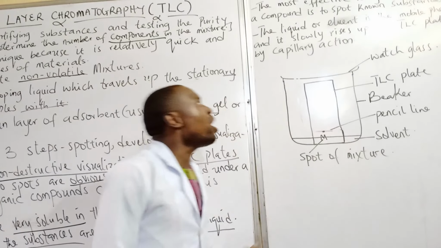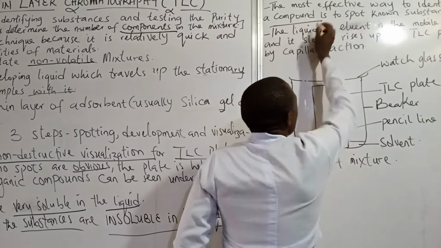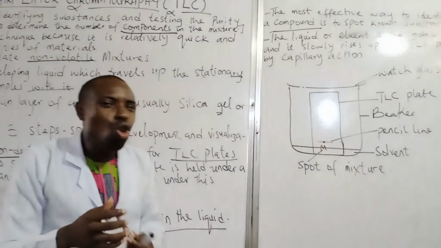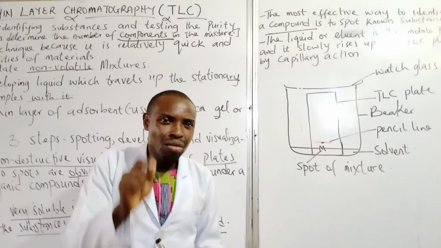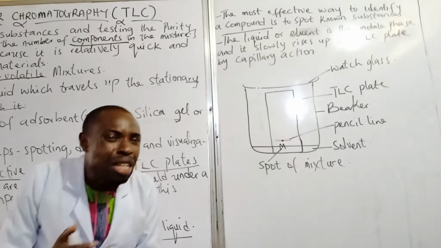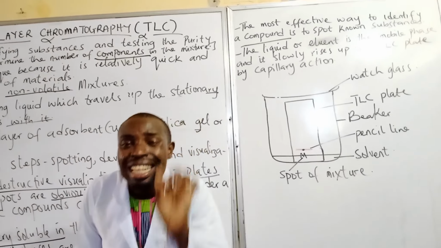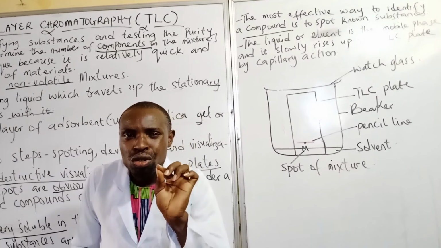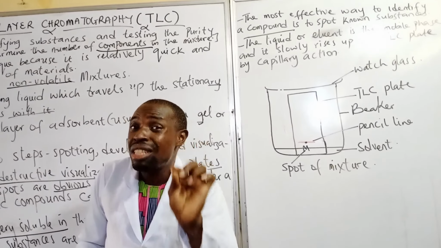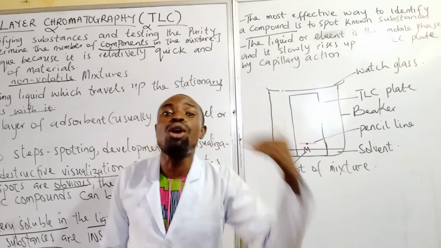Now, the most effective way to identify a compound, please do not forget, is to spot for known substances. Is to spot for what now? For known substances. Please do not forget that thin layer chromatography is used to test for purity, and we've said that purity is to know whether a substance is pure or impure.